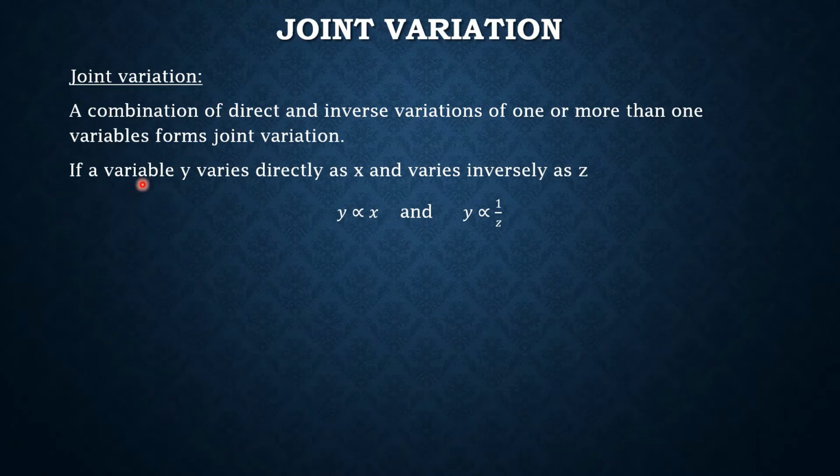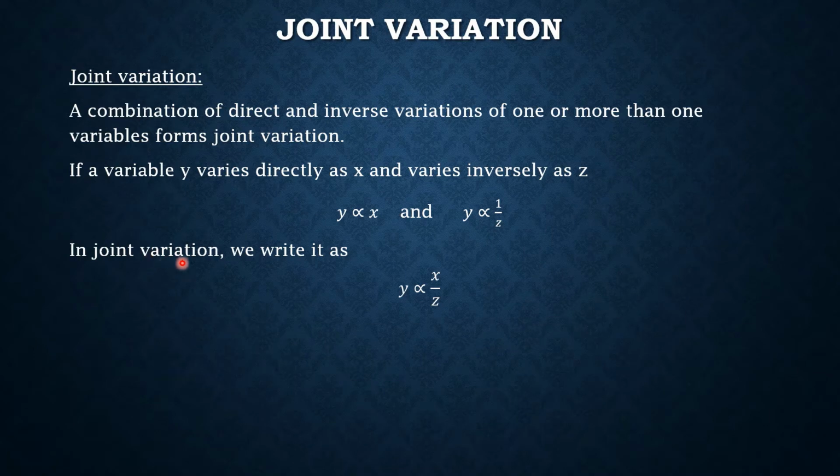So if a variable y varies directly as x and varies inversely as z, that is y proportional to x and y proportional to 1 over z.